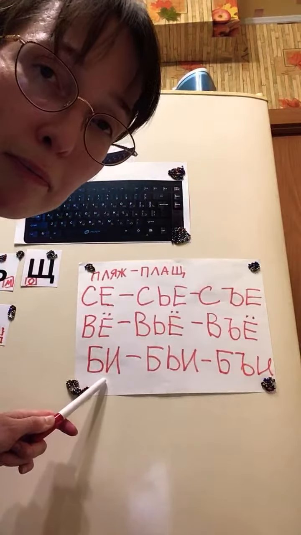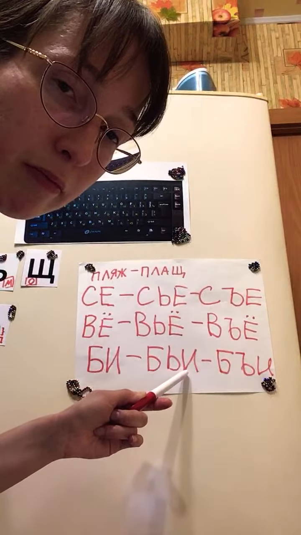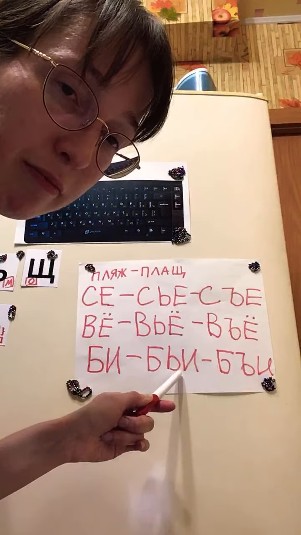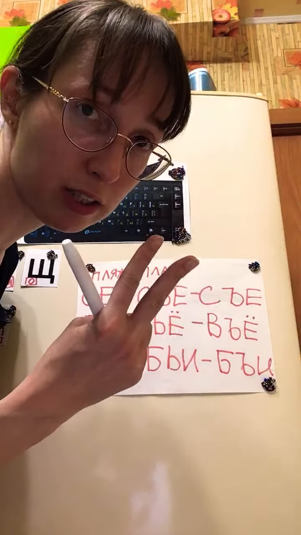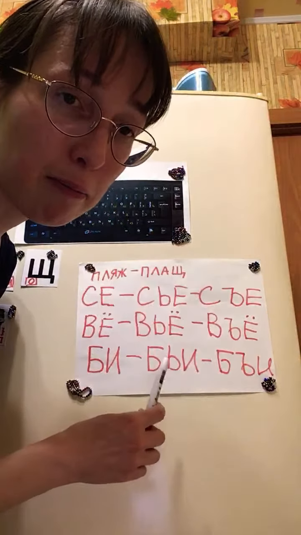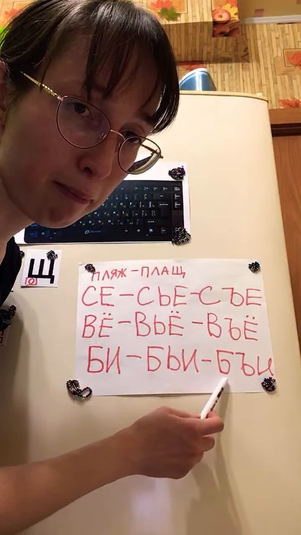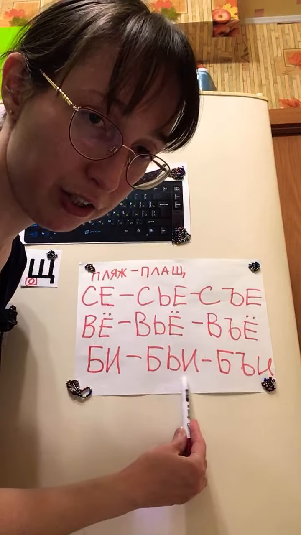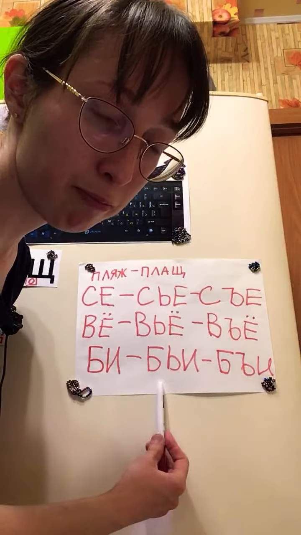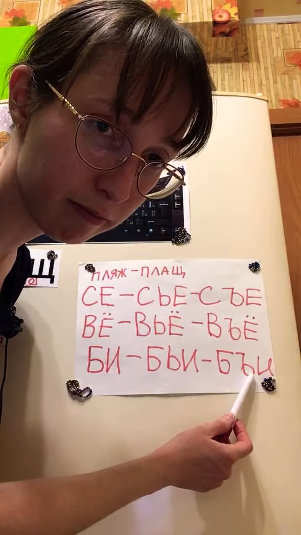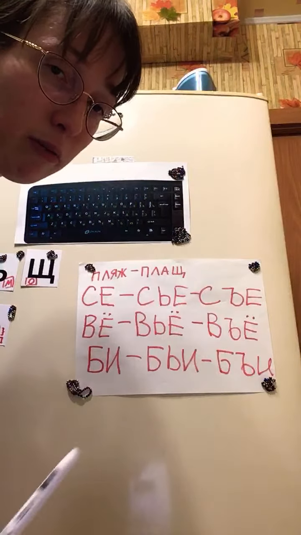So, be, ye, b, ye, e represents two sounds here, y and e. B, ye, b, ye, b, bye, bye. And let me read all these syllables really fast.